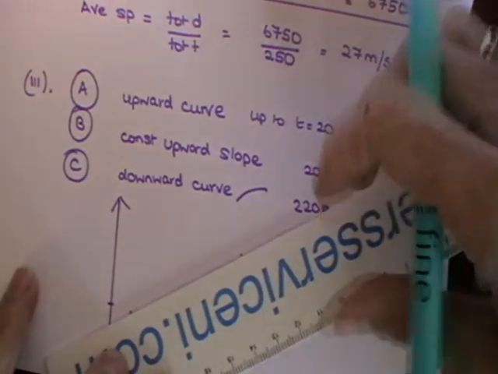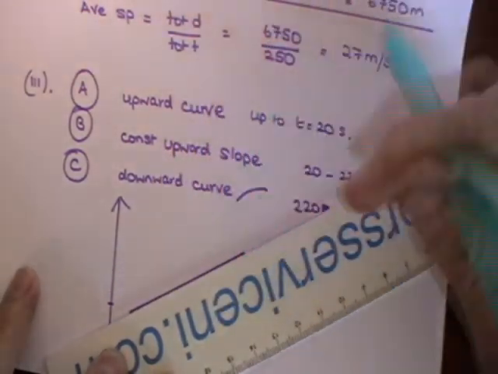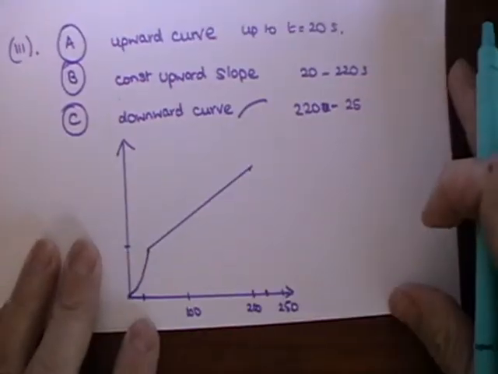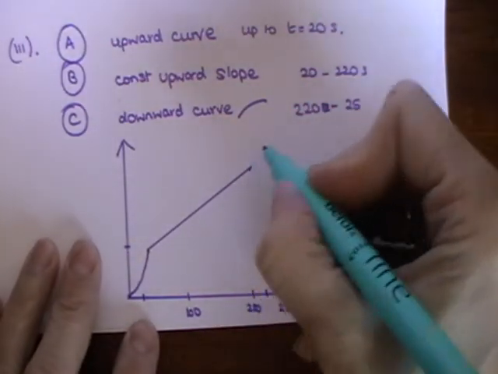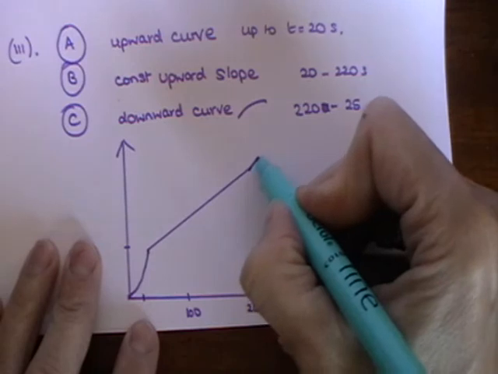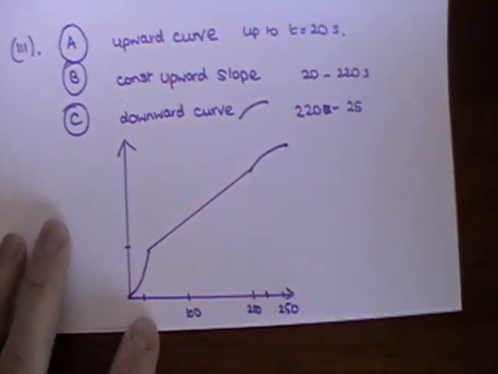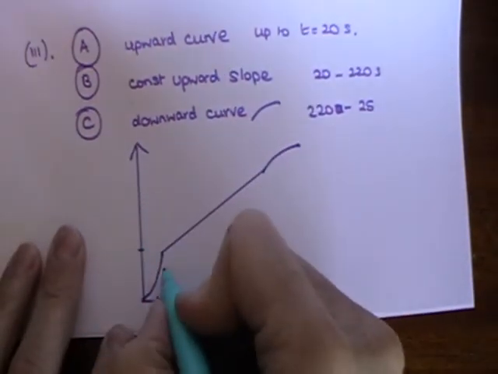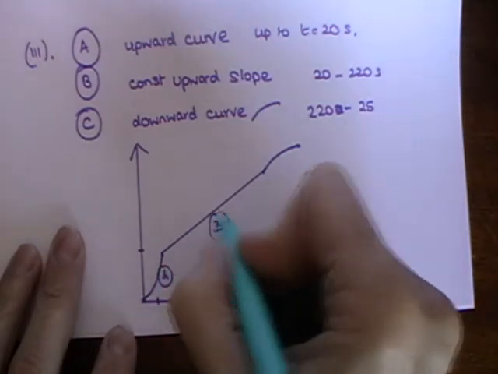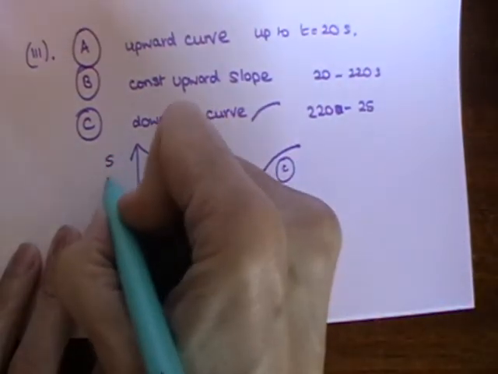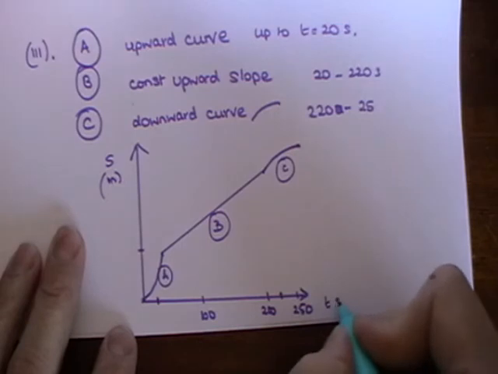It's something like this here. And part C then is a downward slope, or slope of decreasing gradient, but it's still going upwards. Something like that. Okay, so that's part A, B, and C, and that's displacement in metres and time in seconds.